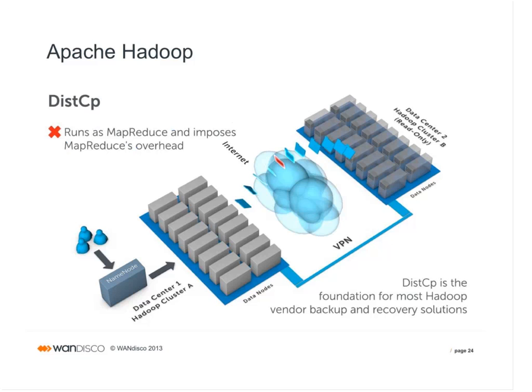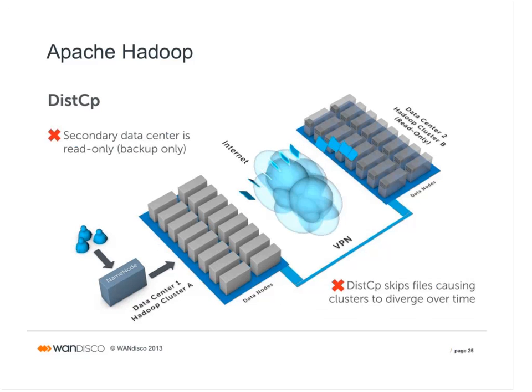One of the severe disadvantages of this system is that it runs as a MapReduce process and takes up slots in your compute framework to do its work. It also has an inherent problem where it skips files that are either in use on the source Hadoop or the destination Hadoop.